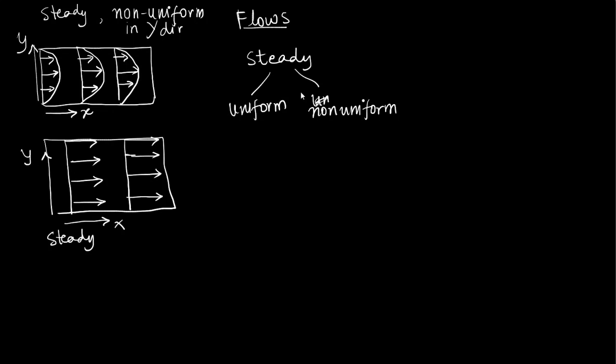Let us look at some more drastic examples of steady but non-uniform flow. We can have a diverging section, that is flow comes in through this point and the flow diverges.